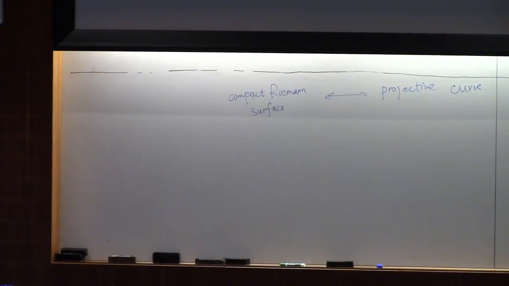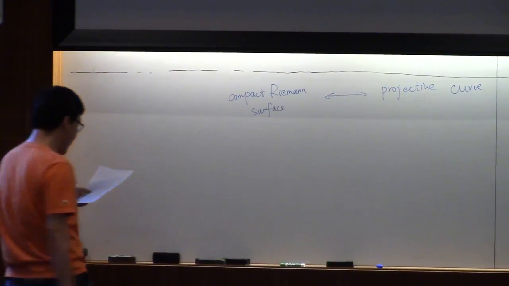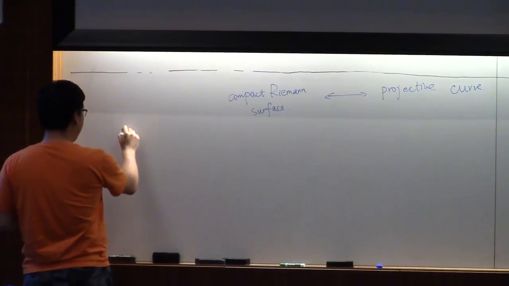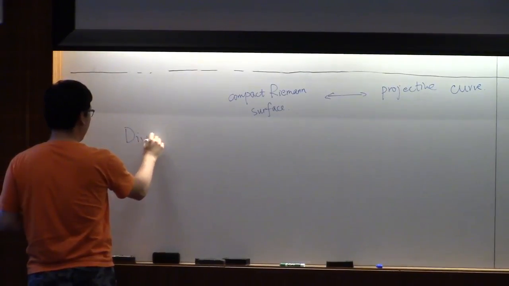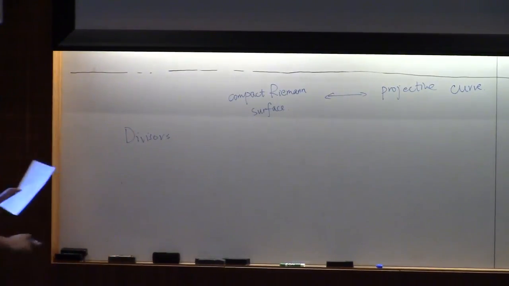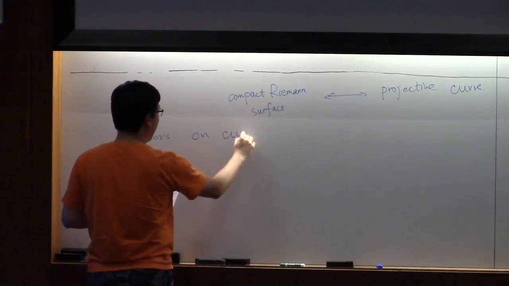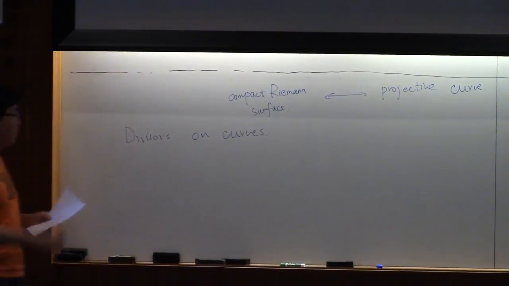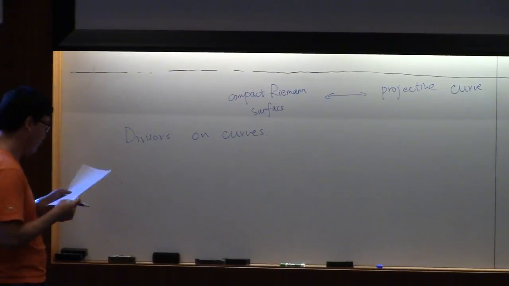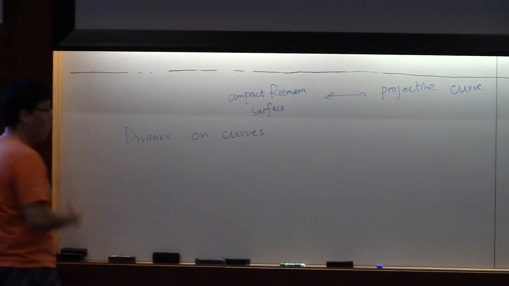in the following proof. Today I want to start with the notion of divisors. I only talk about divisors on a smooth projective curve. So what is a divisor?